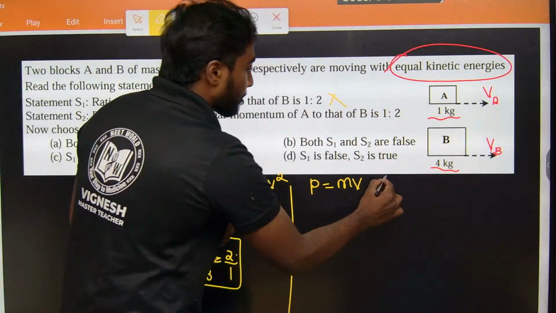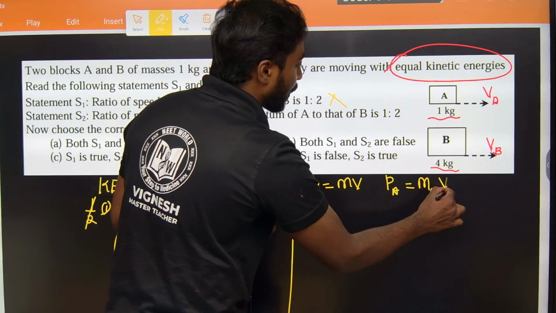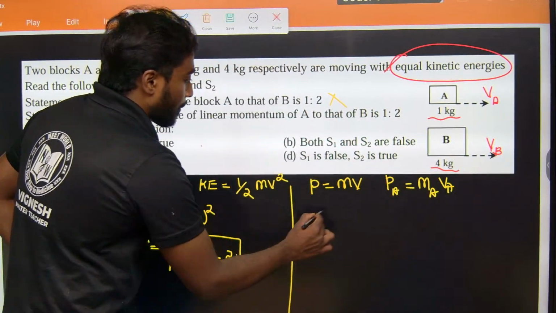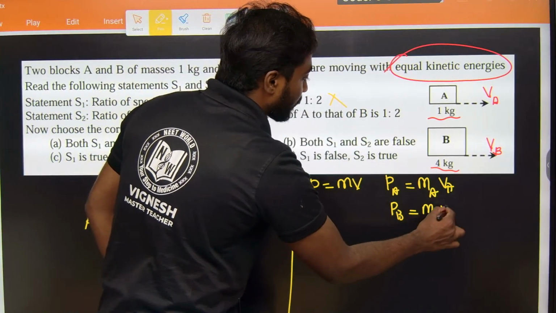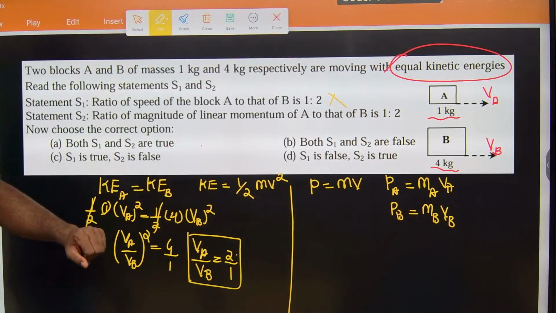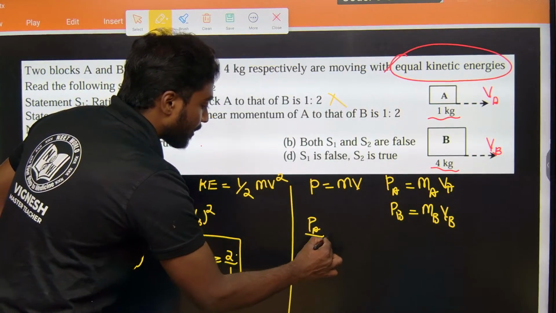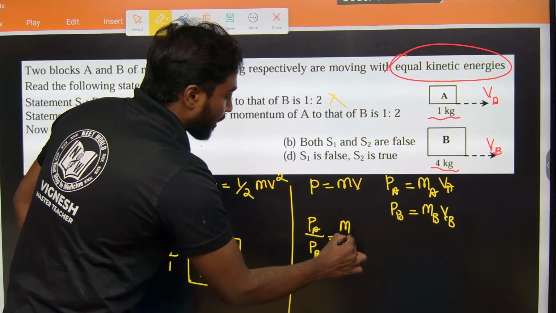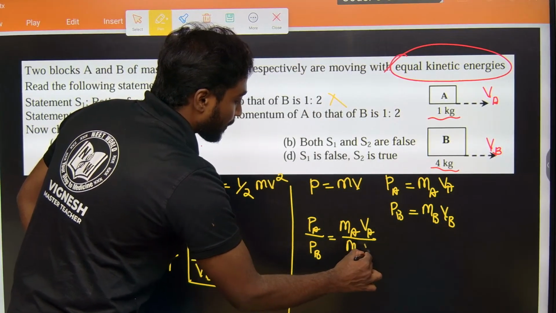So momentum of A equals mass of A into velocity of A, and momentum of B equals mass of B into velocity of B. Now I need to take the ratio of both. So PA by PB equals MA VA by MB VB.